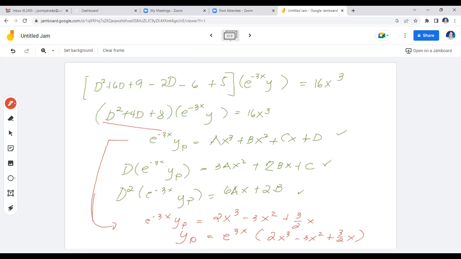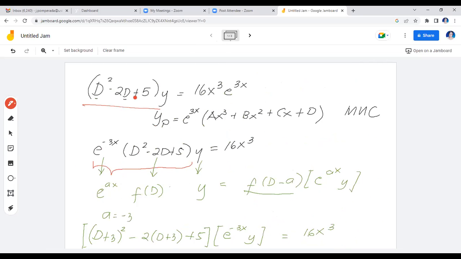So your yc is not based on this, but rather on the original. So this one, if you find the roots of this equation, actually that's not factorable. So the root of your equation is 1 plus minus 2i, if this is your equation.